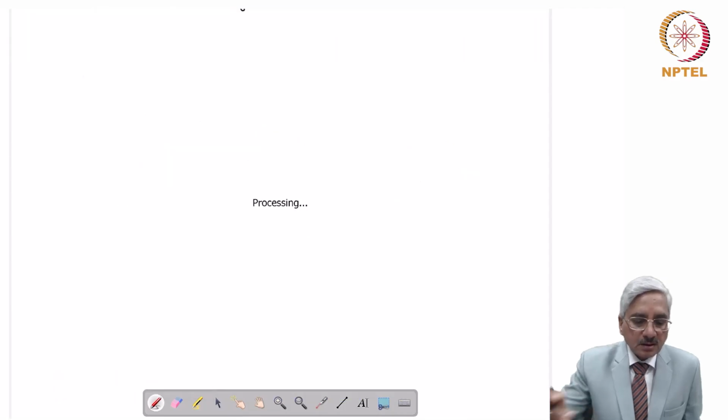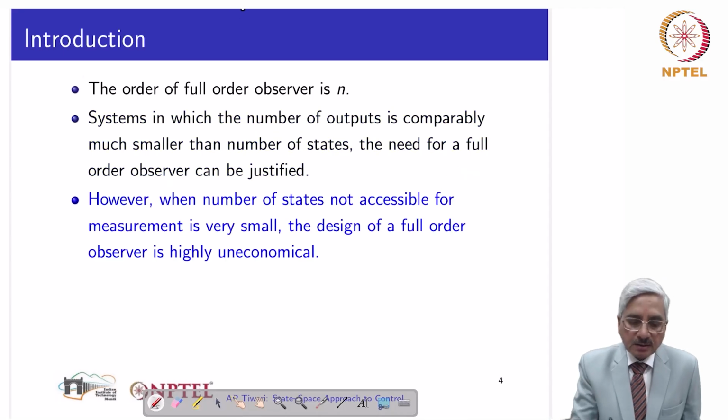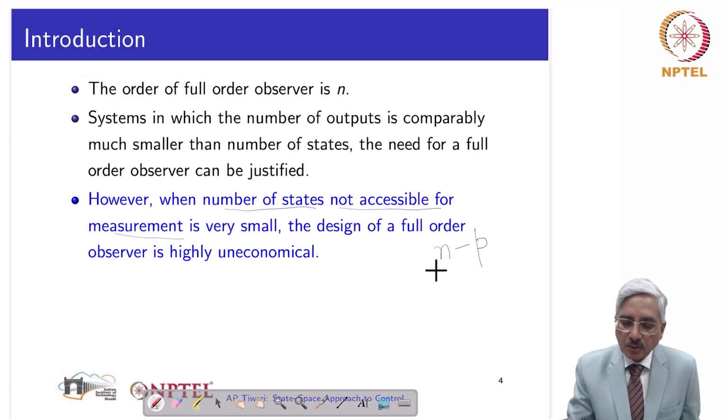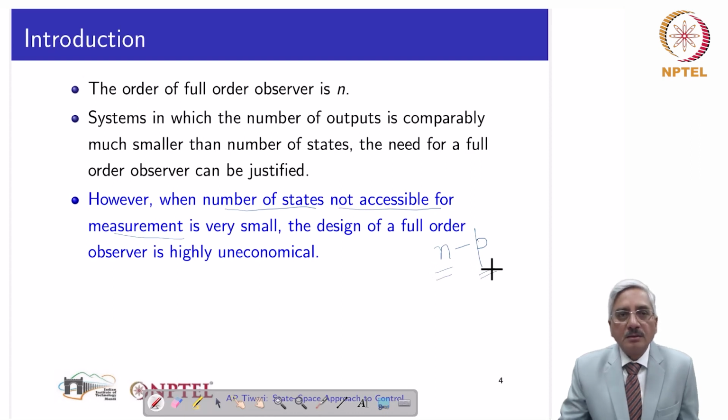However, in systems in which the number of states not accessible for measurement, that means n minus p, where n is the total number of states and p is the number of independent outputs, meaning that up to p states we have accessibility.